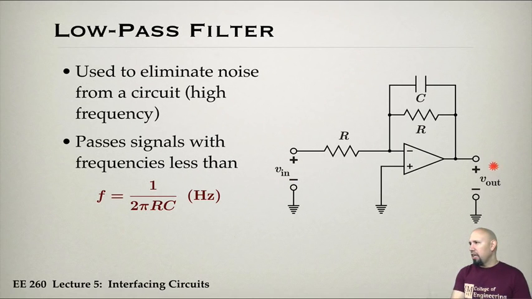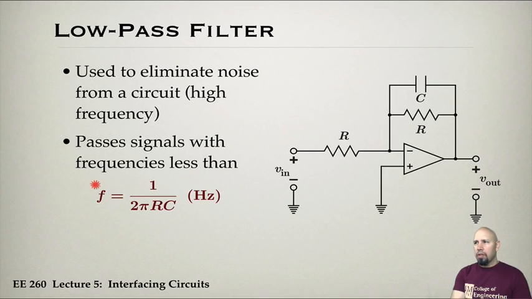So you have a voltage in, voltage out, and the voltage out here is set so that the magnitude of the voltage in will basically be the same as the magnitude of the voltage out. The difference is that now you will reject frequencies higher than this value, and you will pass frequencies that are less than this.